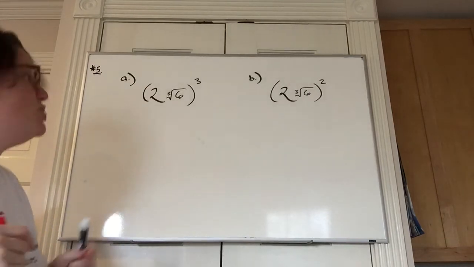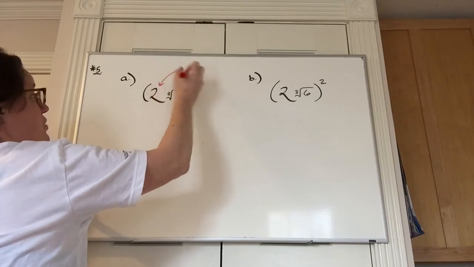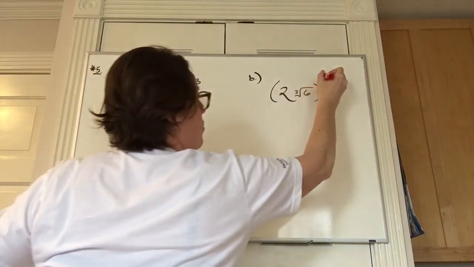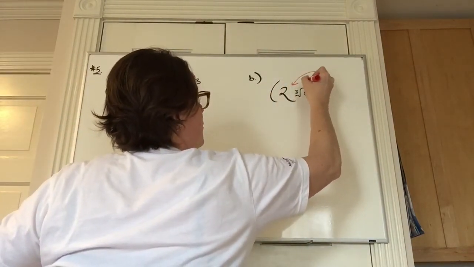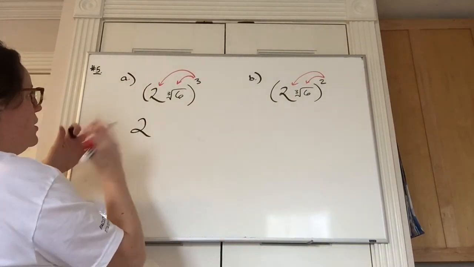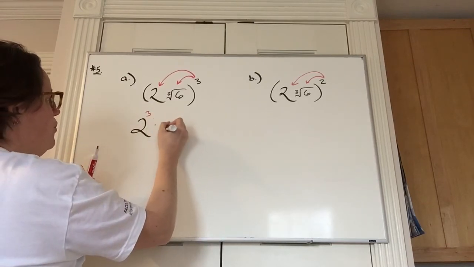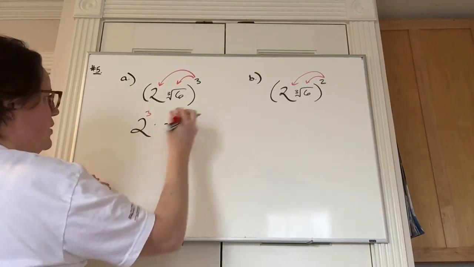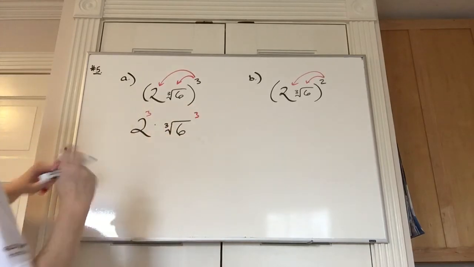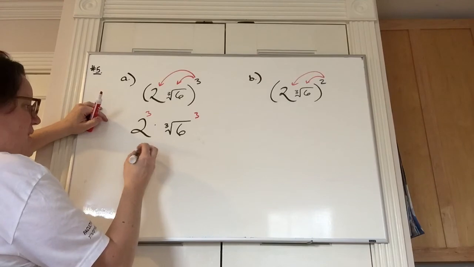Okay, so the good news is you can always distribute an exponent over multiplication. So basically what I need to do here is just cube both of these things. What I need to do here is square both of these things. So for this problem, I have 2 cubed times the cube root of 6 cubed. Okay, well, 2 cubed, that makes 2 times 2 times 2, or 8.